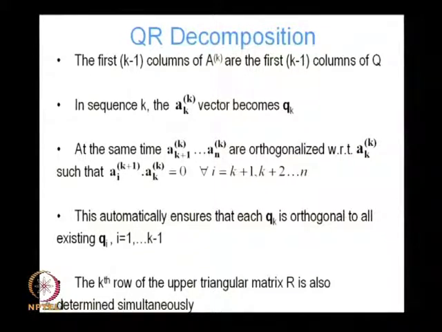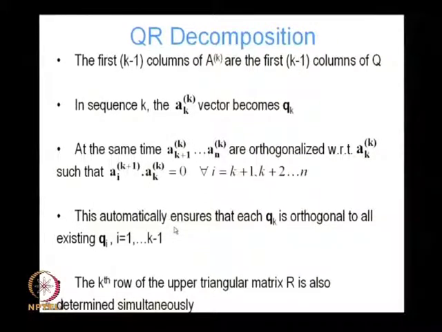So, after orthogonalization, Ak plus 1,k becomes Ak plus 1,k plus 1, because that is now for the next iterate. But how does Ak plus 1,k change to Ak plus 1,k plus 1? By orthogonalizing it with respect to my new Qk, which is actually Akk. So, this automatically ensures that each Qk is orthogonal to all the existing Qi.